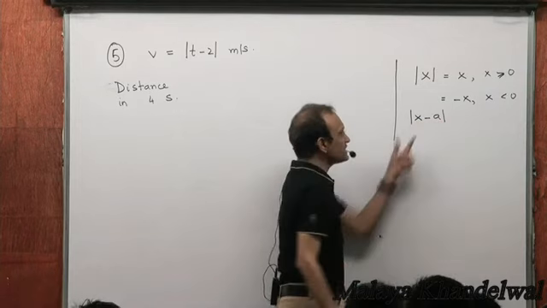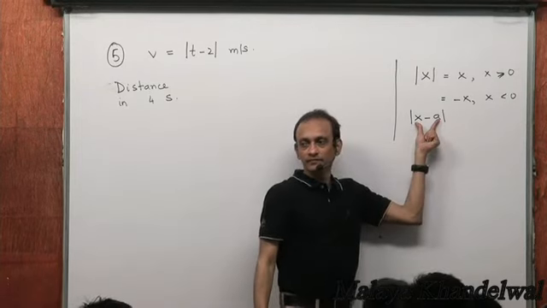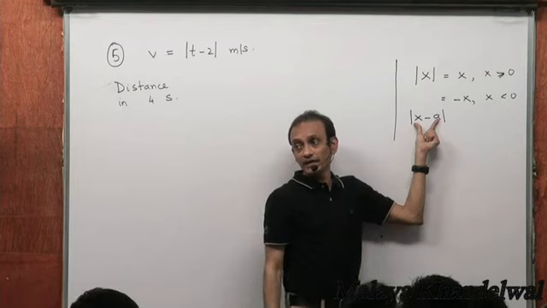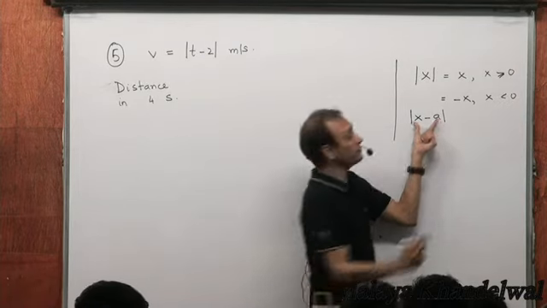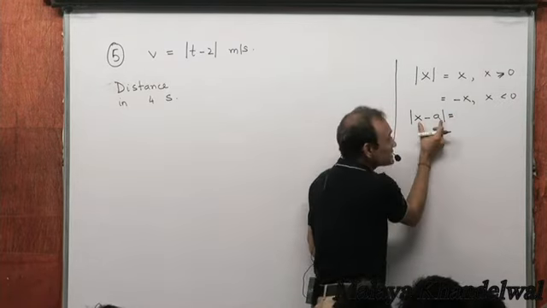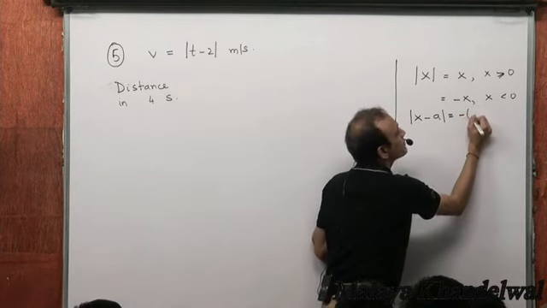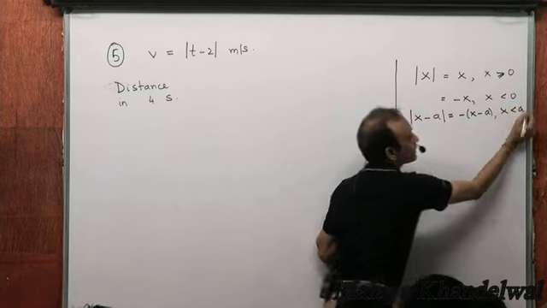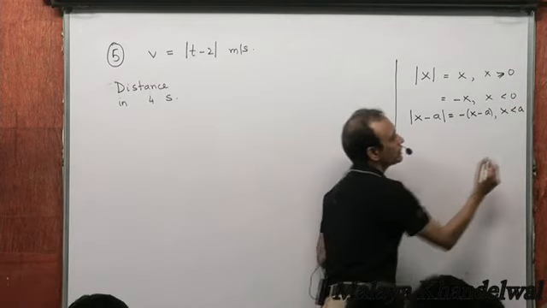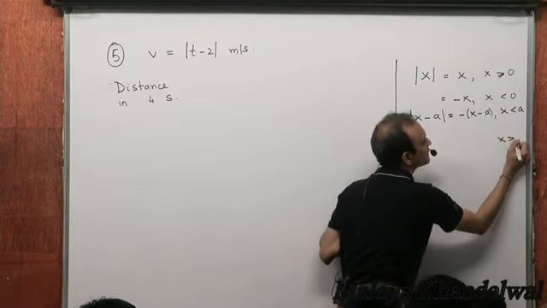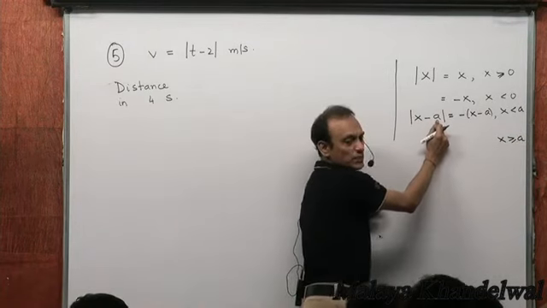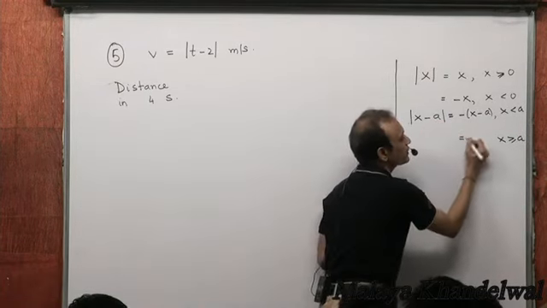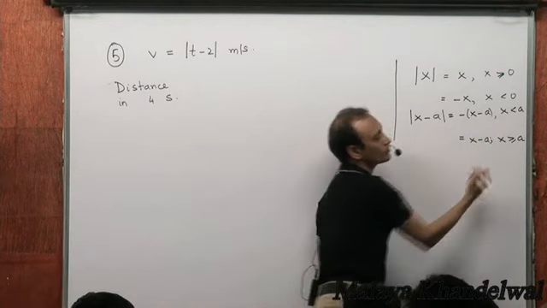When x is less than a, x minus a is negative, and then the mod of this will be minus of x minus a. If x is greater than or equal to a, then x minus a is a positive number, and the output of this will be the number itself.